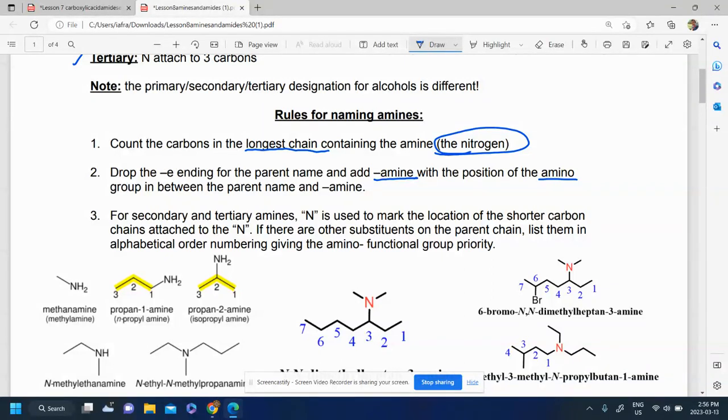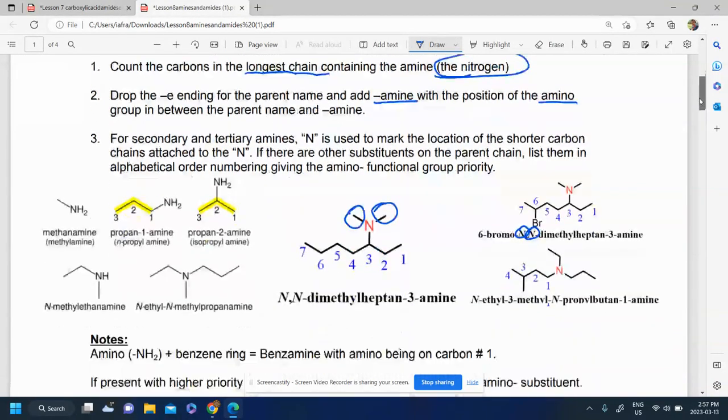However, you also have substituents technically on your nitrogen. So if you have amines where you have more than one carbon chain on the nitrogen, you have to list the smaller carbon chains on the nitrogen as substituents as well. And their location would be listed by the letter N, because they're located on the nitrogen.